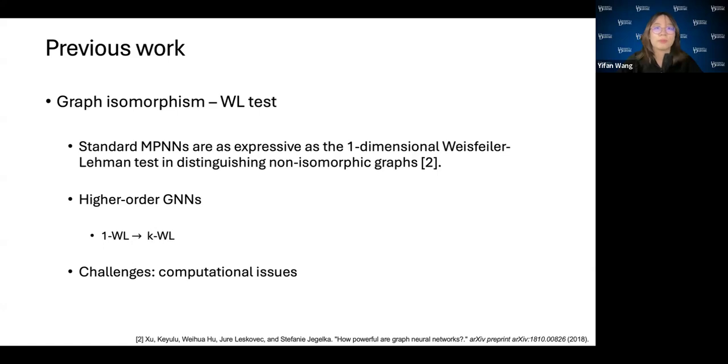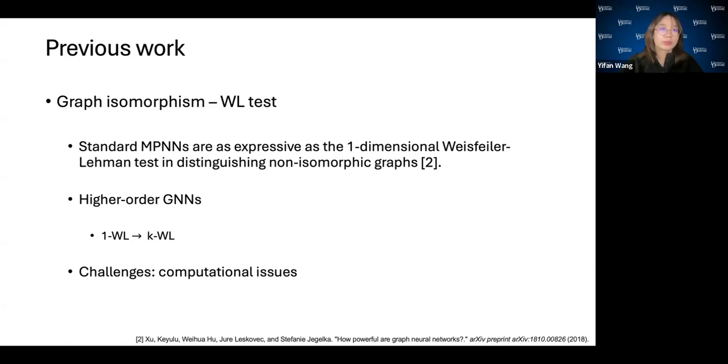For example, consider two graphs with the same local structure around each node, but with different global properties, like cycles and cliques. The WL test would fail to distinguish them because it only looks at the local neighborhoods.